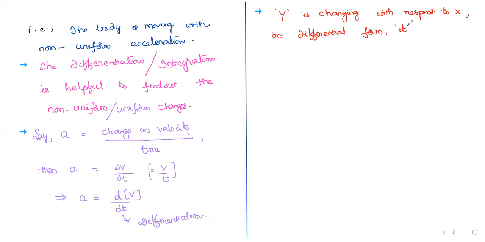It can be represented as... shall I write like this? First d by dx, since it is changing with respect to x. So d by dx of who is changing? Yes, y. Y is changing: dy by dx. This is the way of representing it.